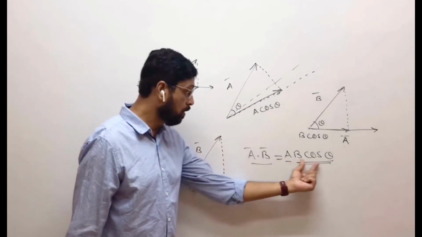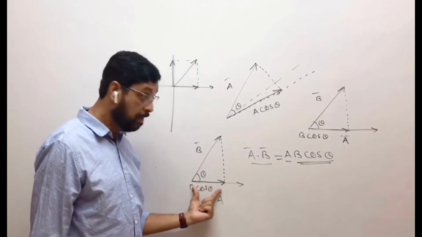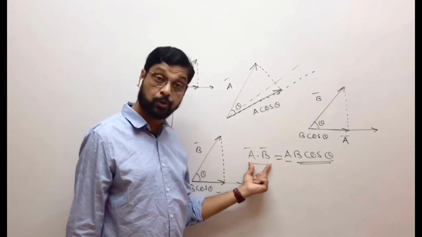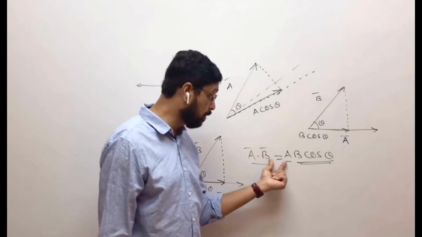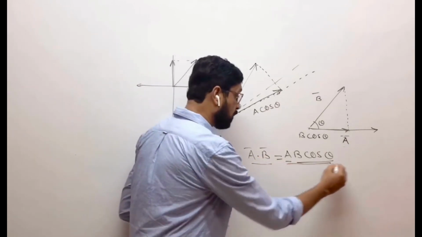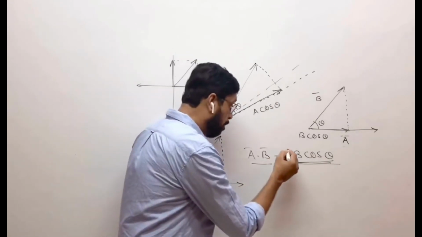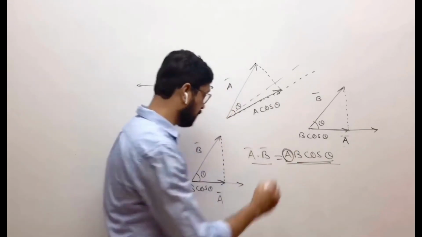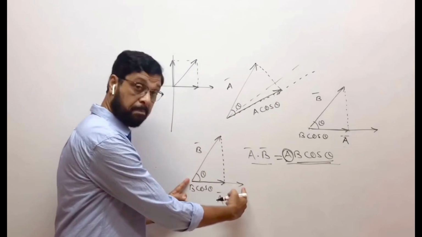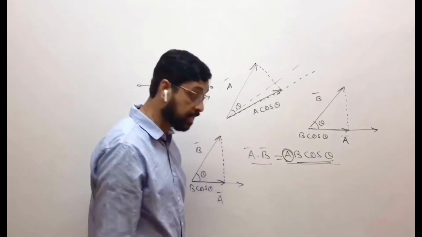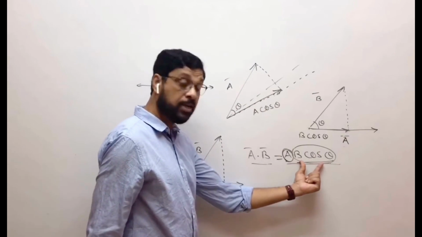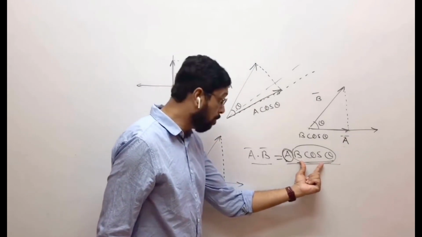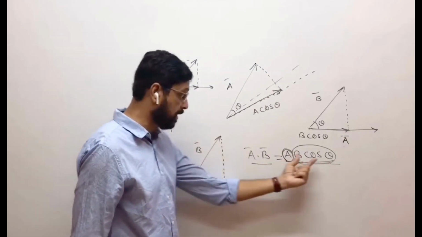Dot product of two vectors is equal to the product of magnitude of the first vector and magnitude of component of the second vector.